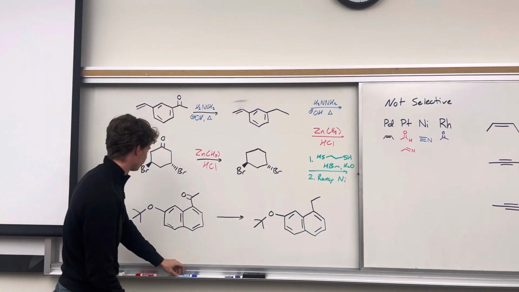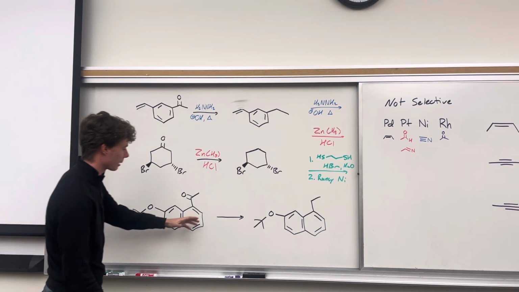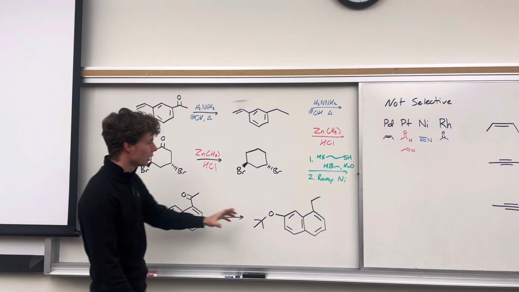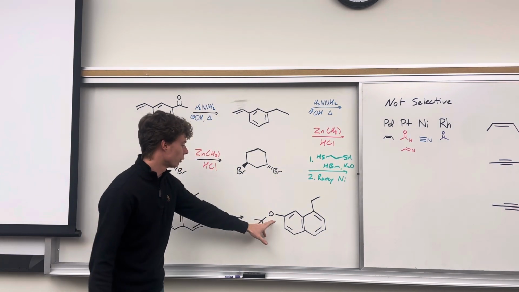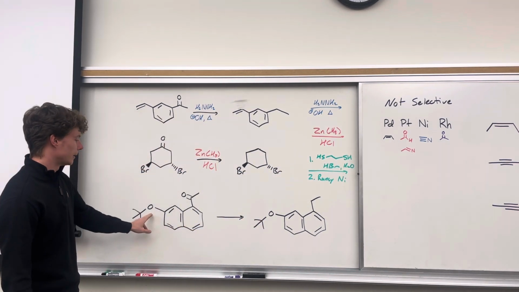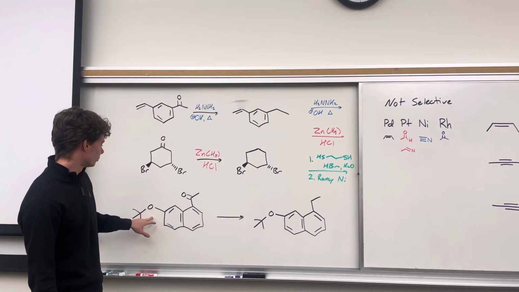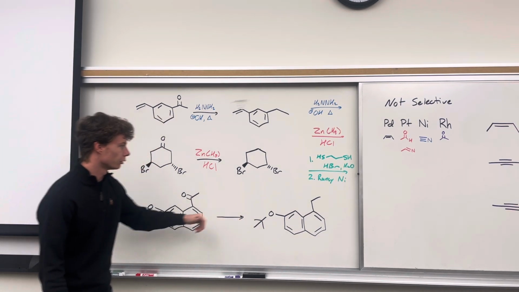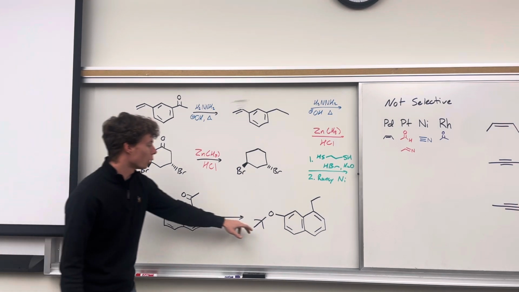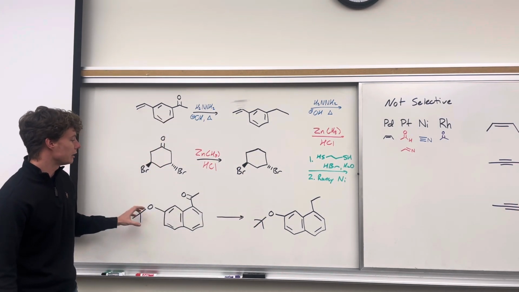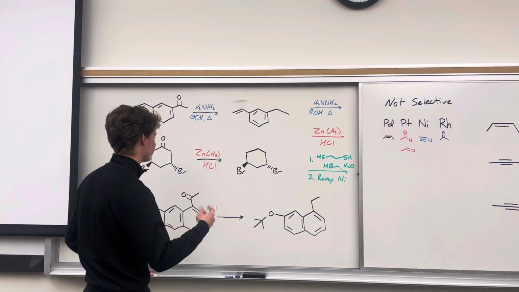Under basic conditions though, there's nothing here that I'm going to perform an elimination on. Here these are ethers, but if we had esters, they would do the same thing. They will protonate and then they will leave. So if that needs to be conserved, I would need to use Wolff-Kishner.